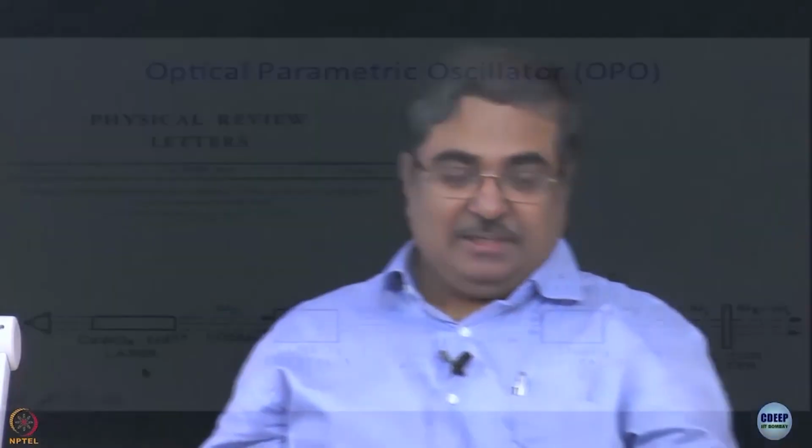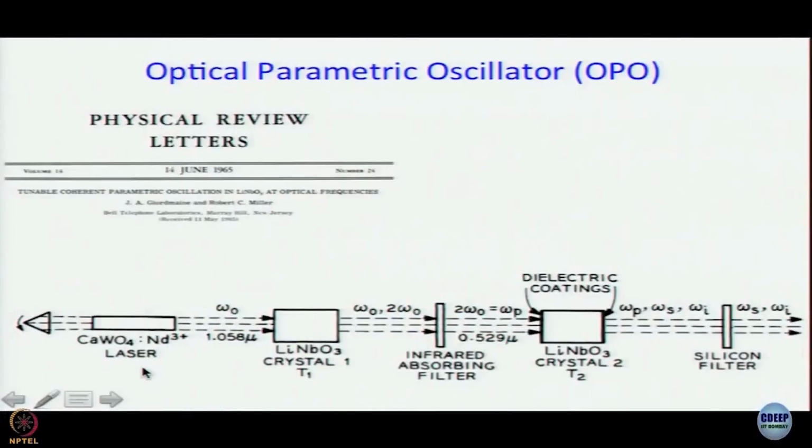And here is the schematic. Again, the active medium here is neodymium ion in a different substrate. It gives you 1058 nanometer, 1.058 micron, that is, let us say, omega 0.